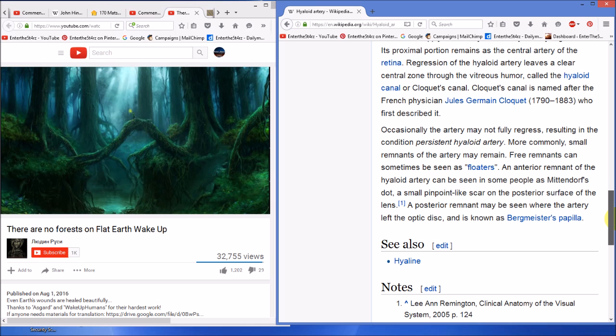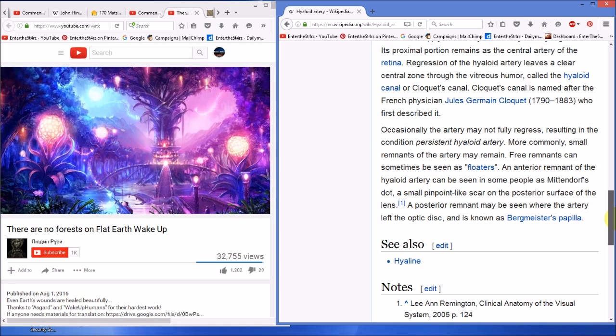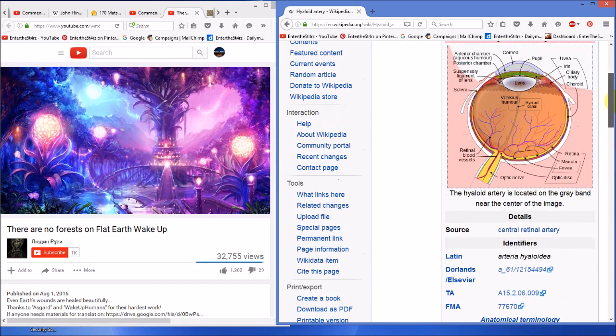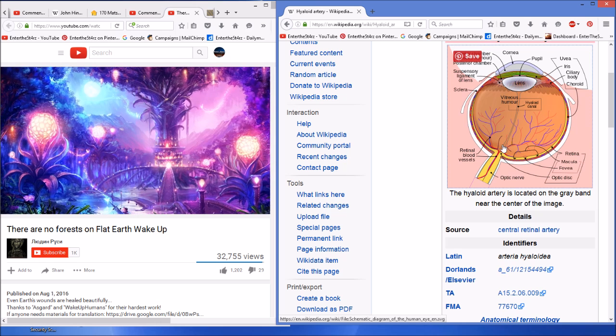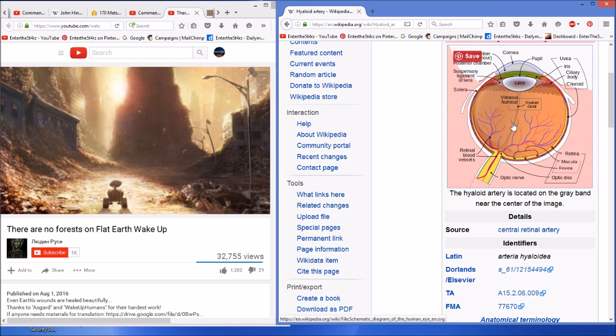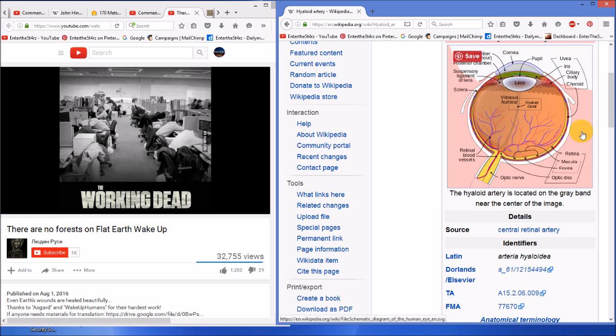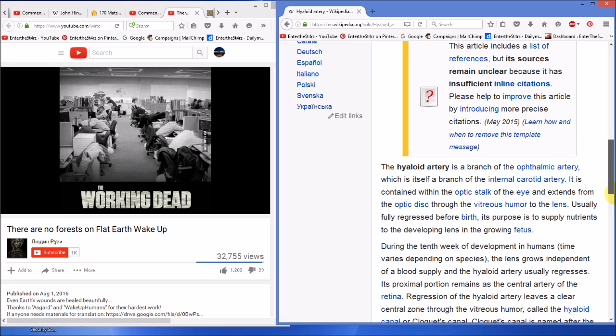More commonly, small remnants of the artery may remain. The remnant of Israel passing through the Red Sea, the remnant of mankind passing through the flood on Noah's Ark, and the remnant of God's seed, Jesus, passing through the wilderness for 40 days.